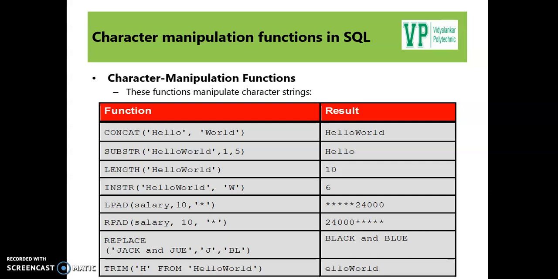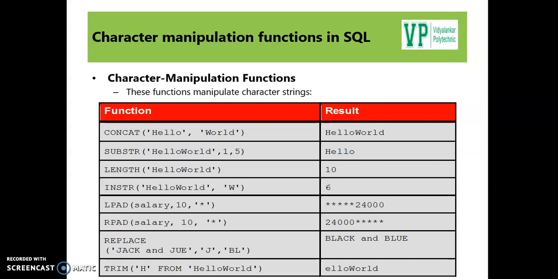The position of that asterisk sign is at the left side. It means if the salary value is 4 digits or 5 digits or 6 digits, the remaining spaces to complete the size 10 are filled with the asterisk sign.